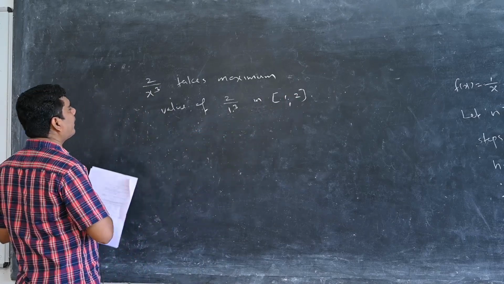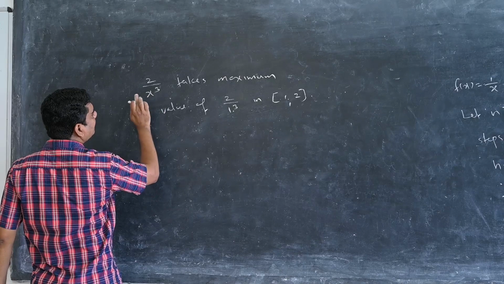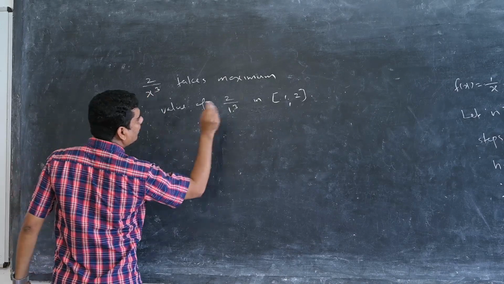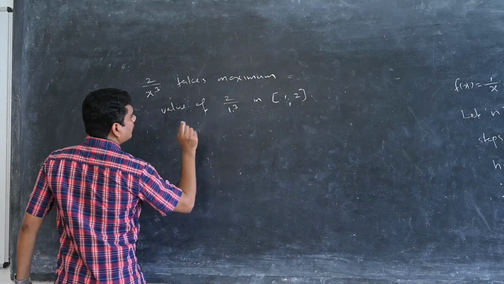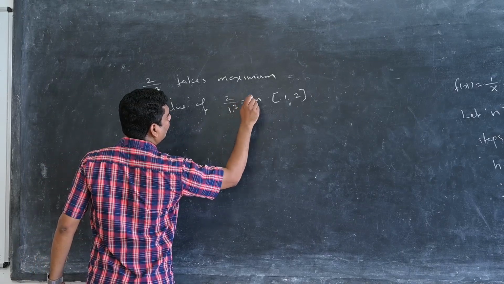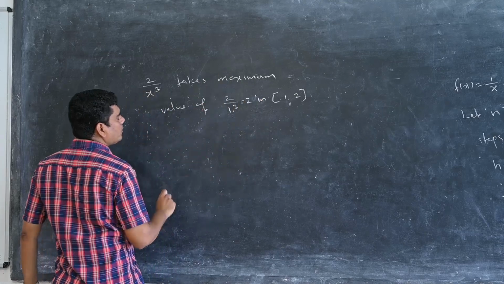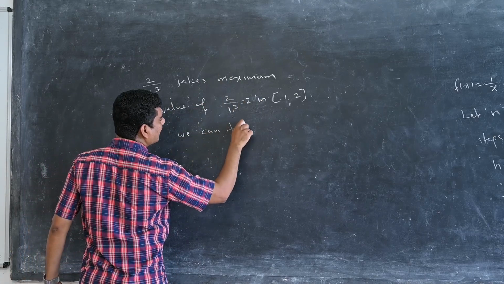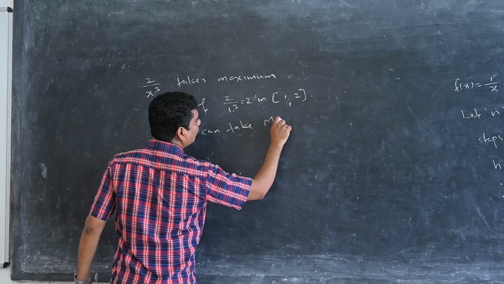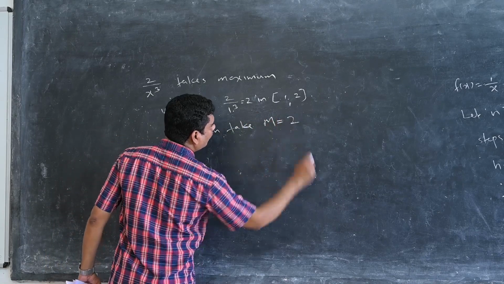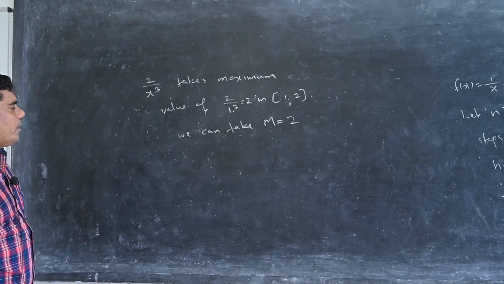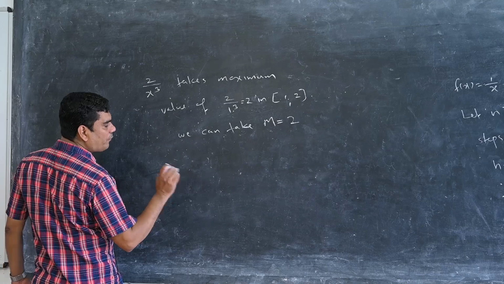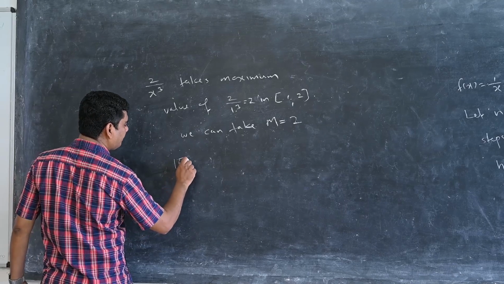So 2 by x cubed, a positive function, takes a maximum value of 2 by 1 cubed, which is equal to 2. So we can take M equal to 2.